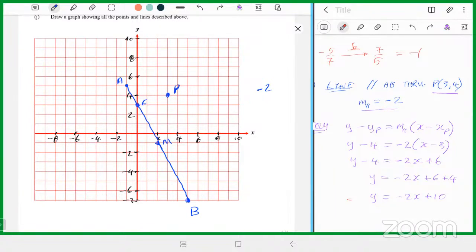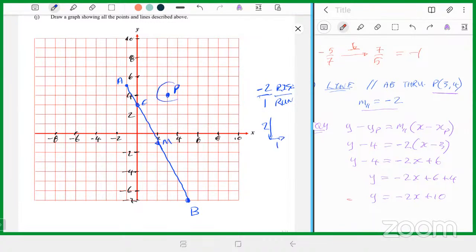So we can use the gradient of -2 to rise and run to find other points on that line. I'm going to write this -2 as a fraction, -2/1, because my -2 will be my rise, and the 1 under here would be my run. Our gradient is rise over run. So this -2 rise means that I go down 2, and this +1 run means that I go to the right 1 to get to other points.